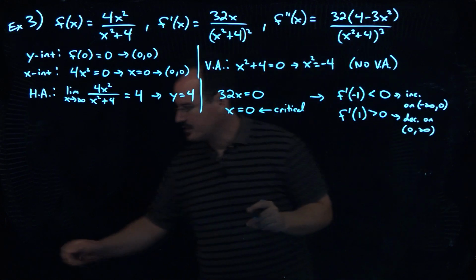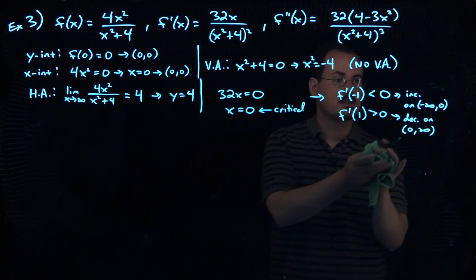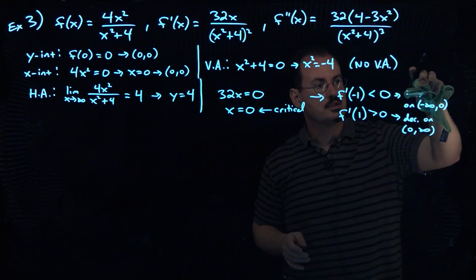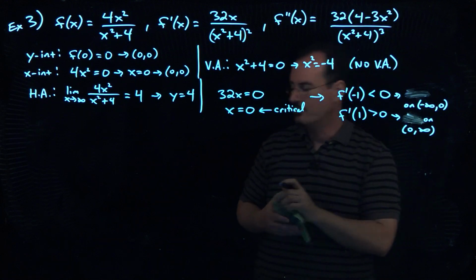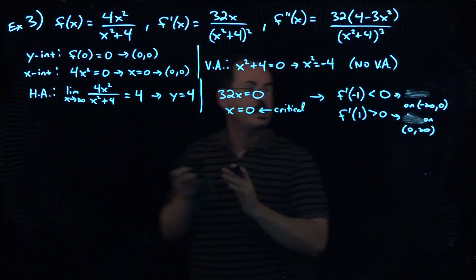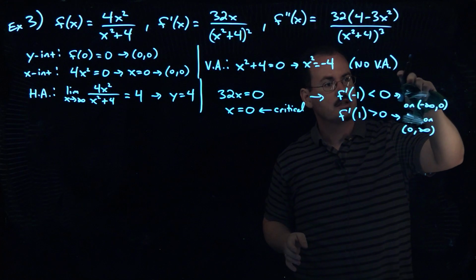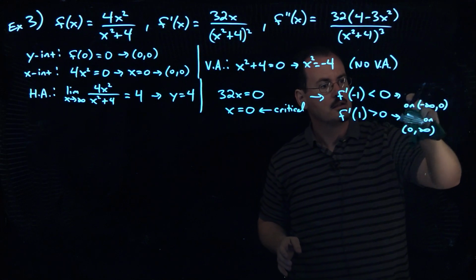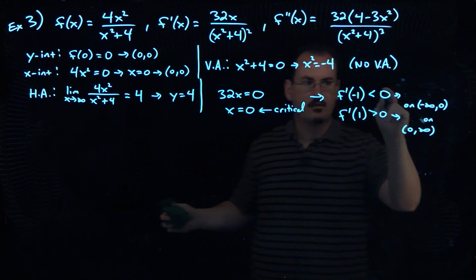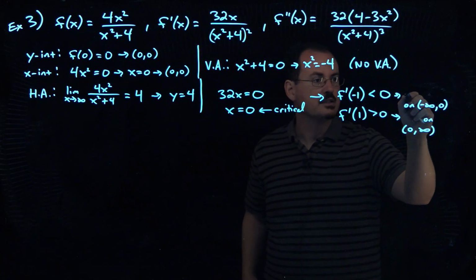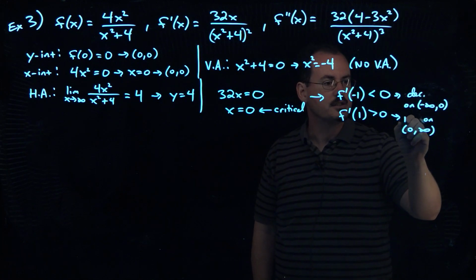Nope, I think I have that backwards because the derivative was negative, so sorry, let me fix that. I should say decreasing there and increasing here. The first derivative was negative, which means the function is decreasing. So let me fix that. Okay, so first derivative negative means it's decreasing on this and increasing here.